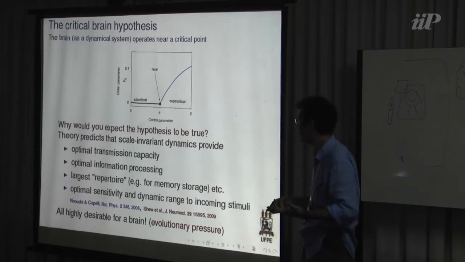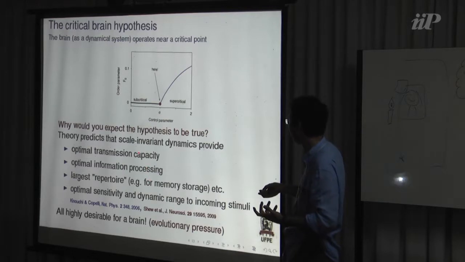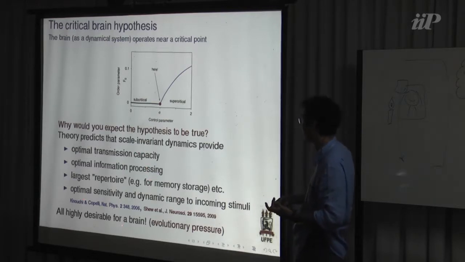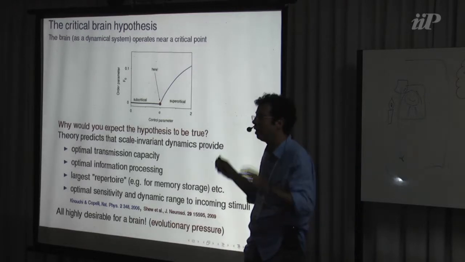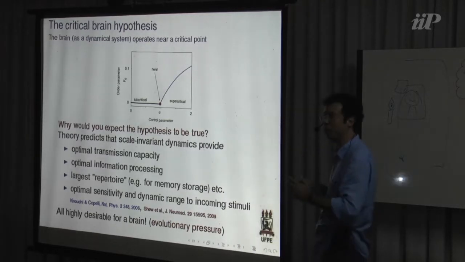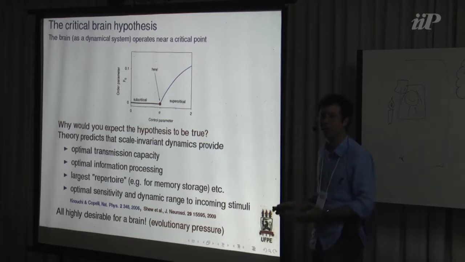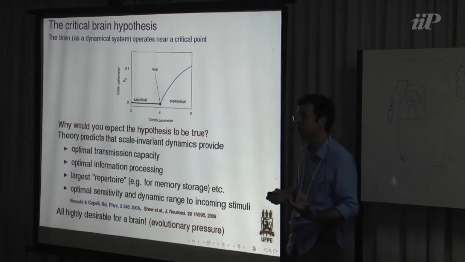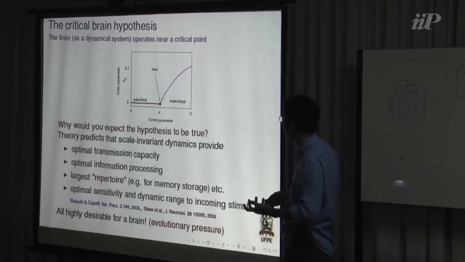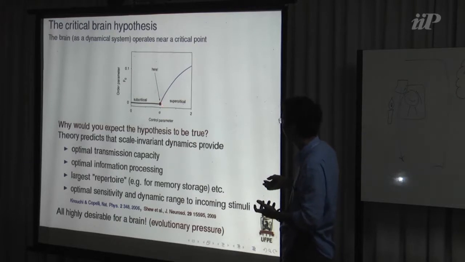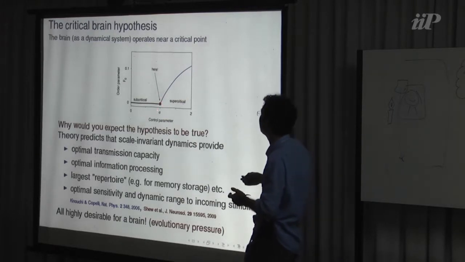So the reasoning goes that if we accept that these are all highly desirable for a brain, there will be evolutionary pressure, and Saint Darwin will take us there. Somehow we would evolve and come up with mechanisms that will take you to this point, which again goes back to one of your questions, how you get there.